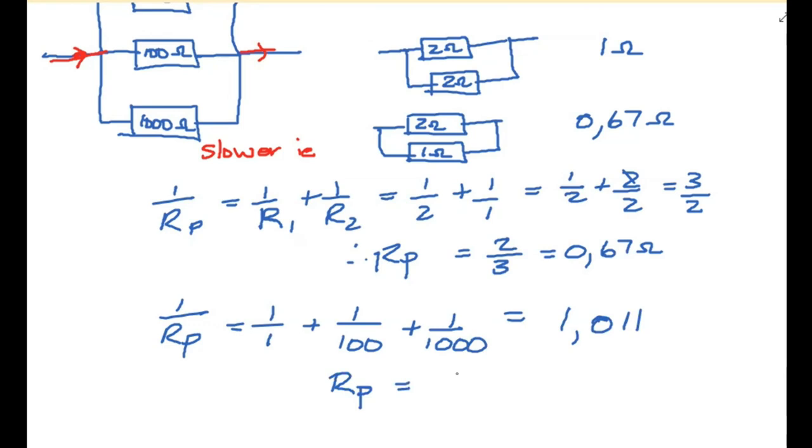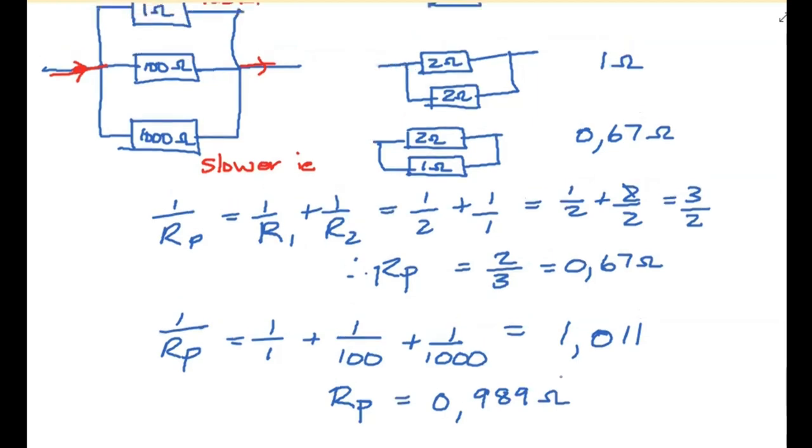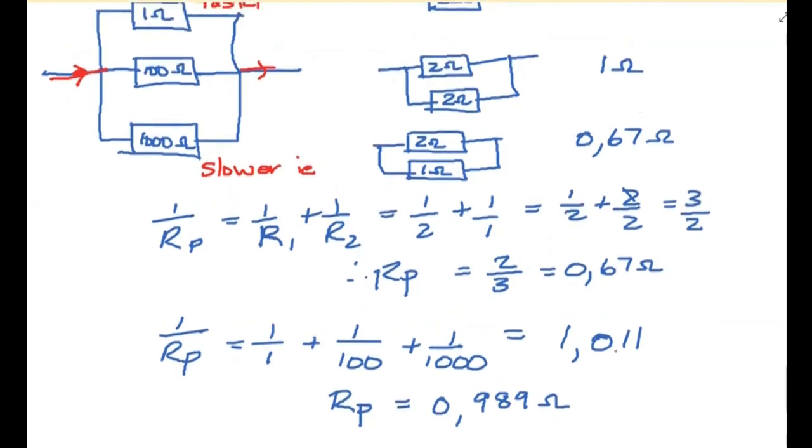And that's then going to be, I'm just going to give you lots of decimal places just so that you can see it is actually still less than 1. It's 0.989. So his smallest resistor in his example was 1 ohm, and the total resistance is still smaller than 1, which is 0.989.